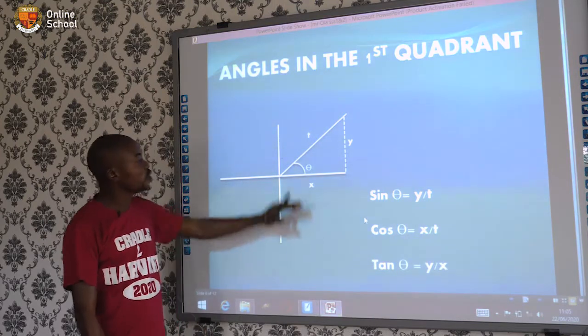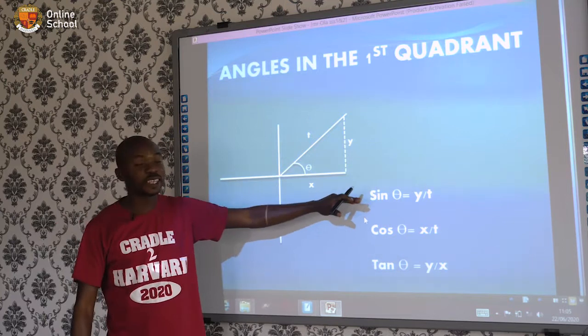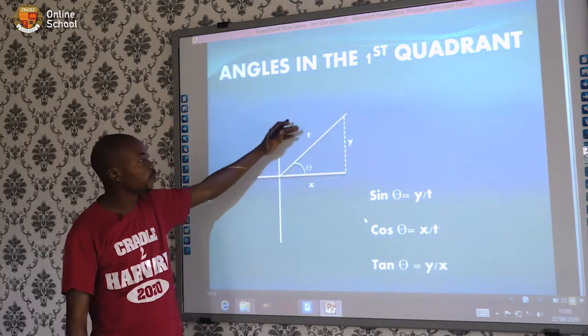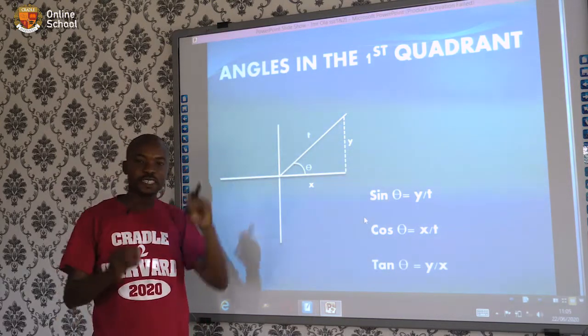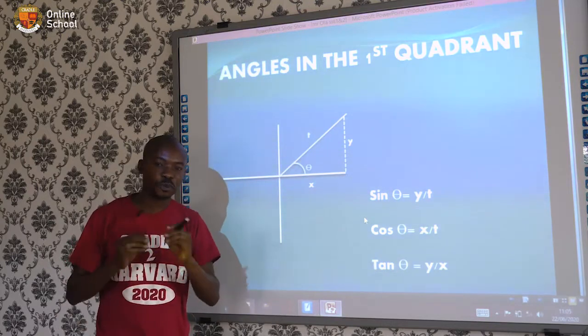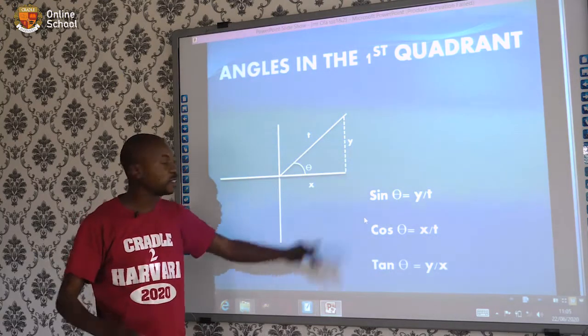So the trig identities. In the first quadrant, we know that sine theta, which is opposite over hypotenuse, that is y over t, is positive. Whatever value you take here is going to be positive.